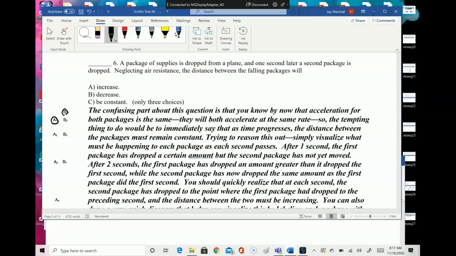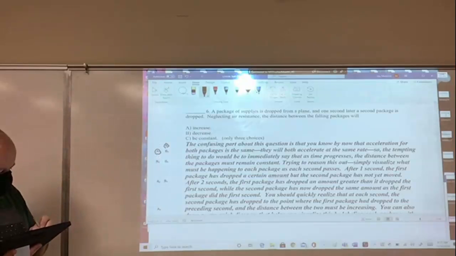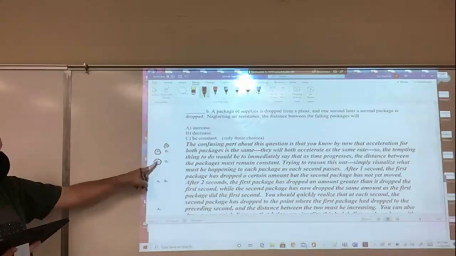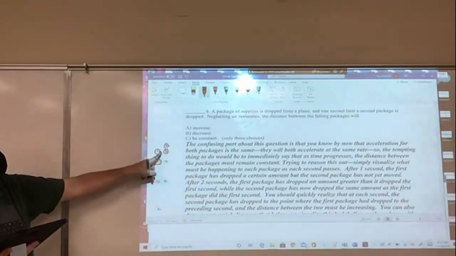One second later, I'm going to have gone farther than I did for the first second. And so by two seconds that package is here, and this package is where the first package was after one second, right?